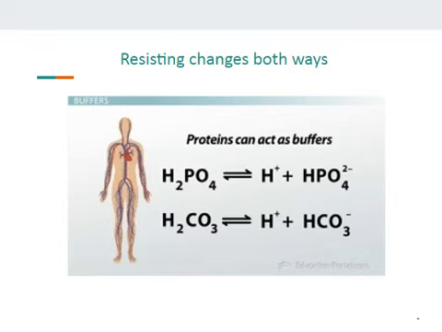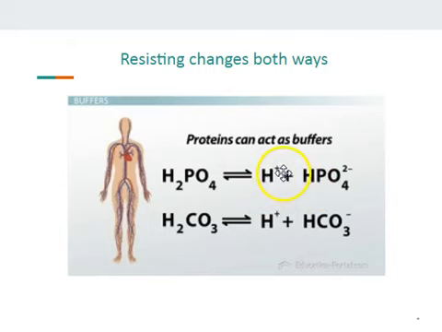When we look at examples of buffers in living systems, the two most common ones are the phosphate buffering system. Right here, H2PO4 is the weak acid, and this is the conjugate base. As you can see, H2PO4 has the ability to donate hydrogen ions, and when this happens, it will drop the pH, keeping it at that stable level.